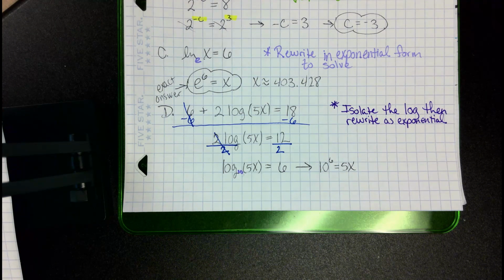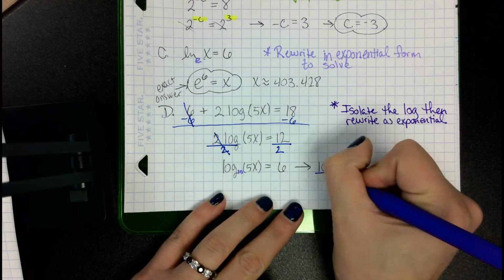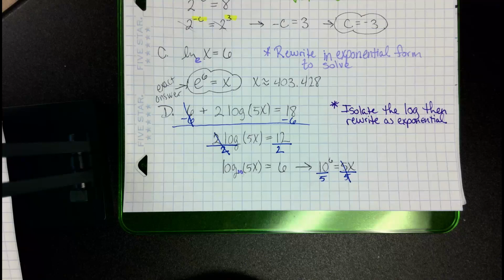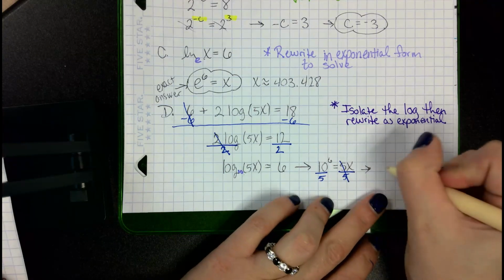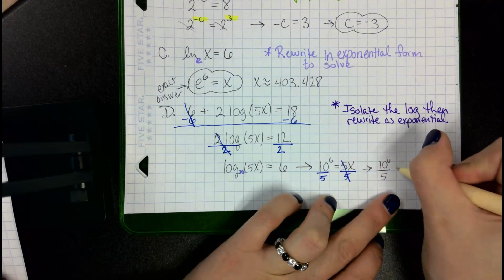But x is not by itself yet. We still are trying to get x by itself. So it's 5 times x. So that means I need to divide by 5. So I have 10 to the 6th divided by 5 equals x.